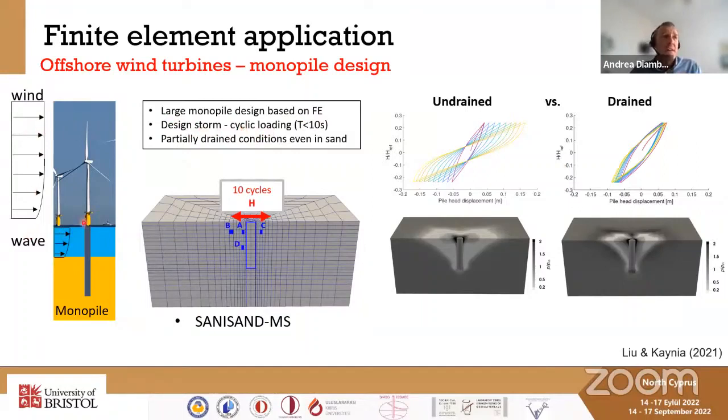These waves typically have a period of less than 10 seconds, and the wind excites the blades, and the rotation of the blades is very fast. So the cyclic loading has a very low period, and it's not unusual to have pore pressure build-up in the soil. That's why a model that can predict pore pressure generation very well, even in sand, is needed here.